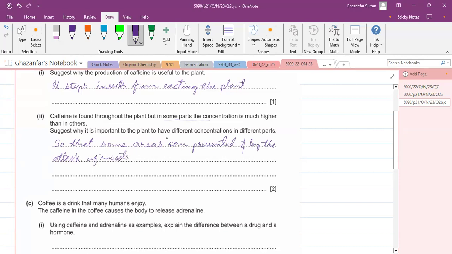And definitely these are the areas of high concentration.